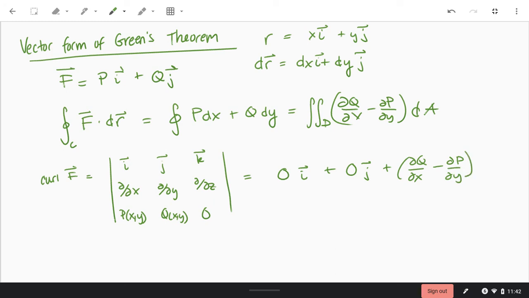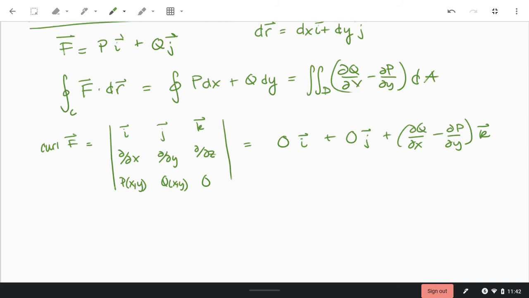And that will go in the k direction. So our integral of F dot dr can be described as the integral over D of the curl of F dot k dA.